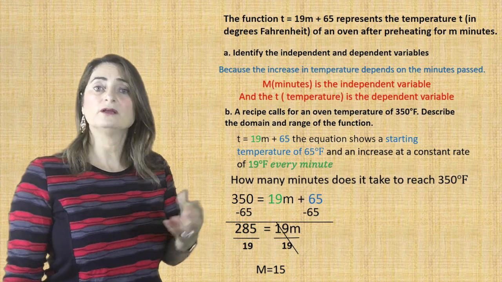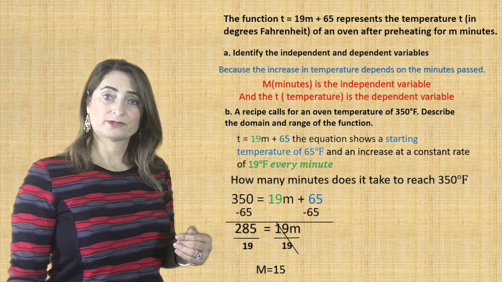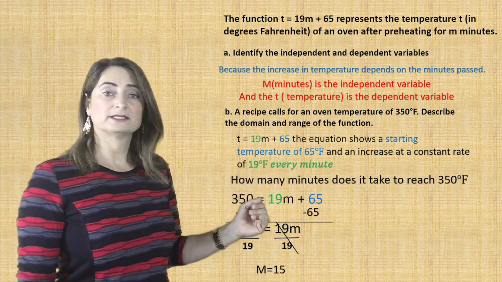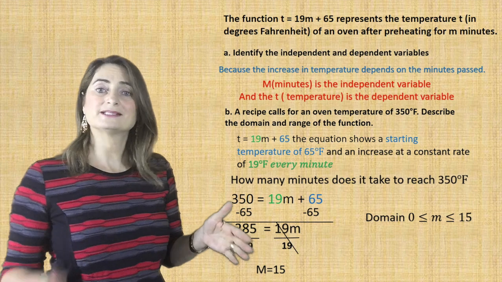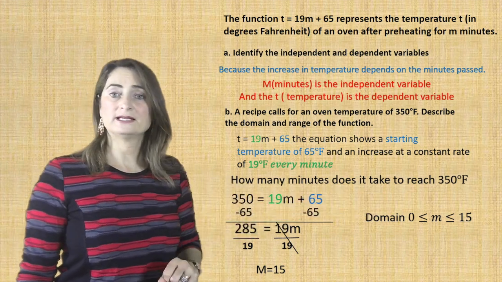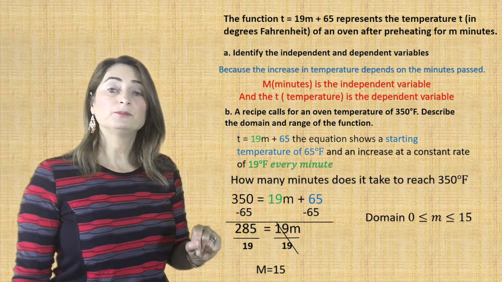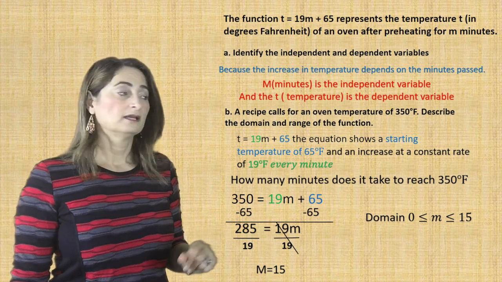So what's the domain? What's the range? Explain that. The domain is m, which is the number of minutes, from 0 minutes up to 15 minutes. So how do you write that as an inequality? It's 0 less than or equal to m, less than or equal to 15. And I put equal to also because 0 and 15 are solutions.